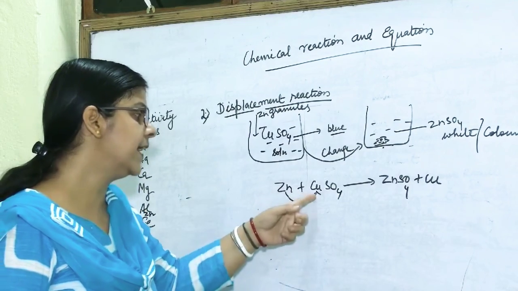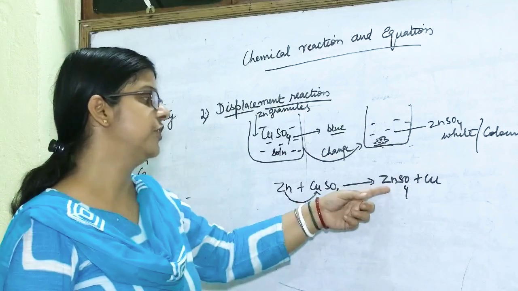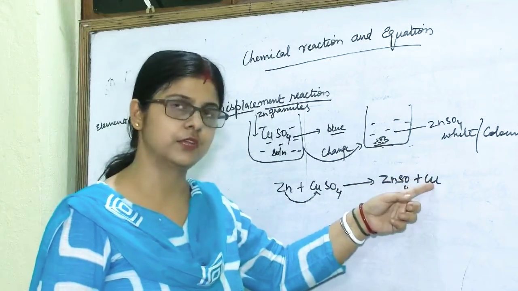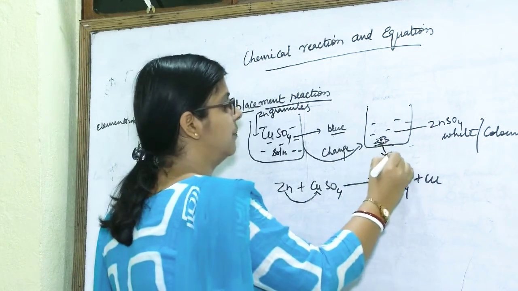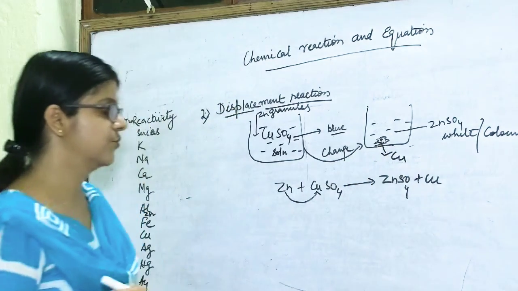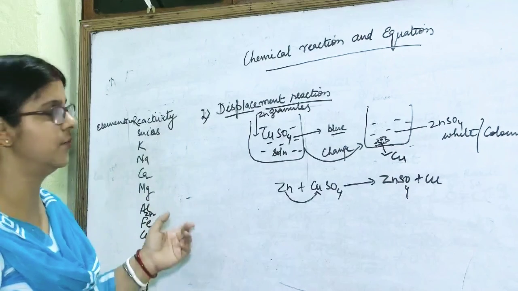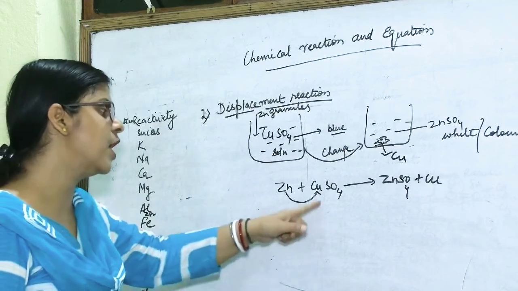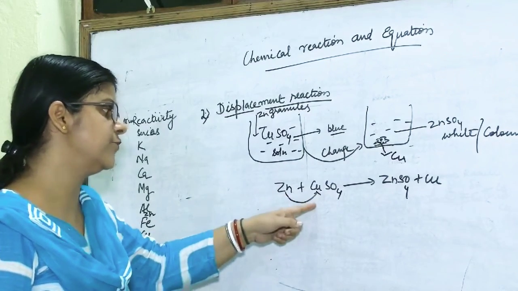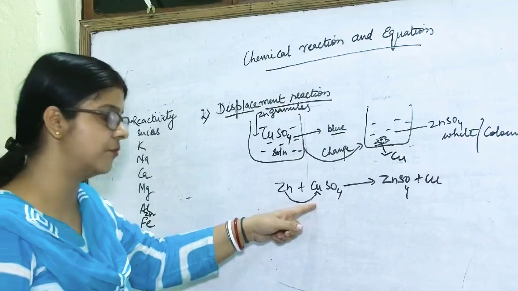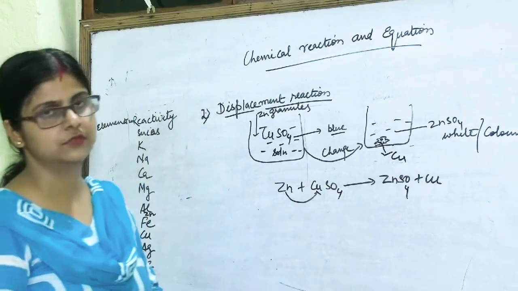Because zinc is replacing copper and forming zinc sulfate plus copper. And this brown mass will be of copper. So, displacement reaction is a reaction in which atoms of one element displace another element from its compound and form another compound.